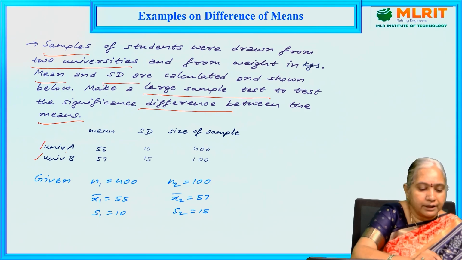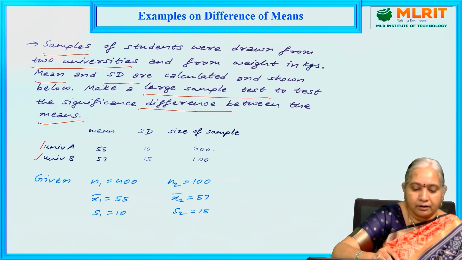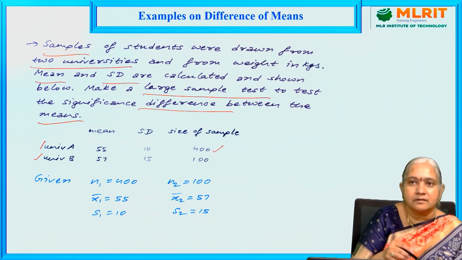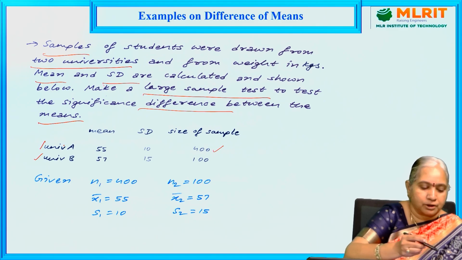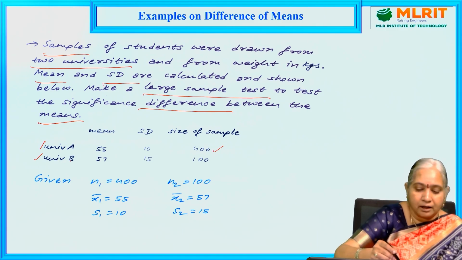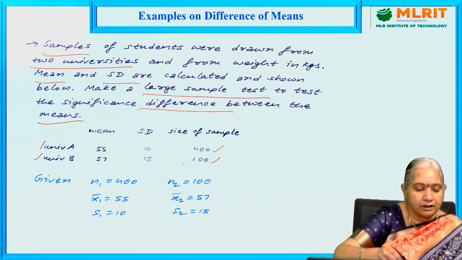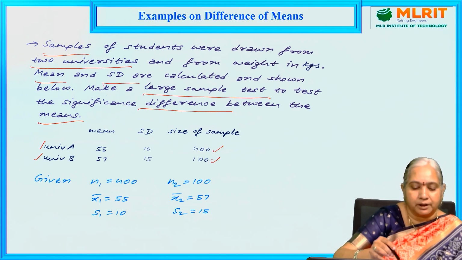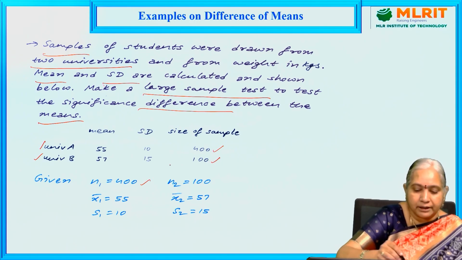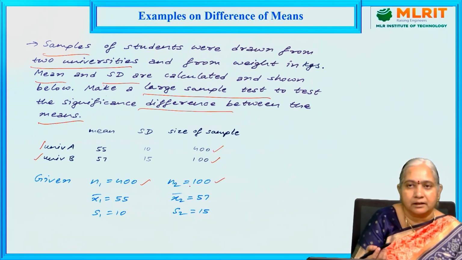From University A, or the first population, they have taken 400 students, that is the size of the first sample, a subset of this population. And the subset of the second population, University B, is 100 students. So n1 is equal to 400 and n2 equal to 100. These two are large samples, greater than 30.